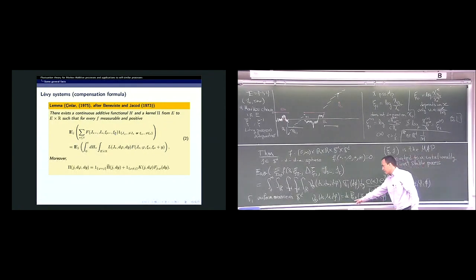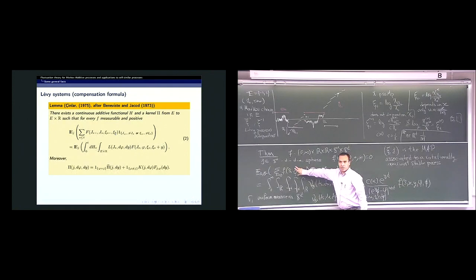This is slightly different to what I wrote in the one-dimensional case, because in the one-dimensional case, I didn't keep track of this position and of this position. But if I get rid of this position, so if I take the marginals, this will integrate to 1.